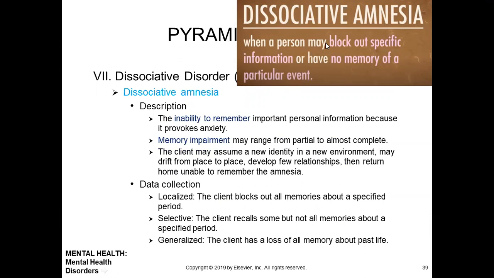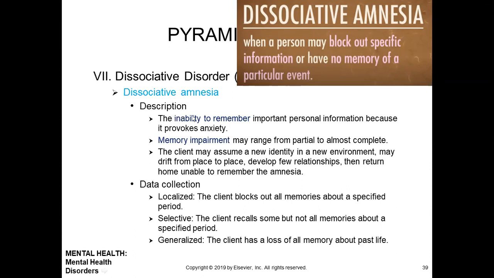What they said is a person may block out specific information or have no memory of particular events. So we say lack of memory regarding personal information that is triggered by traumatic events.